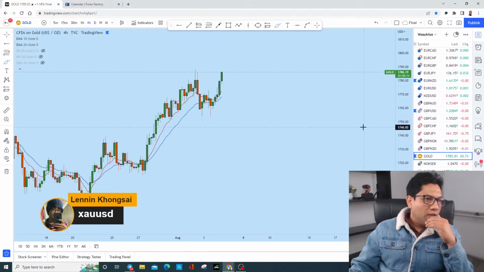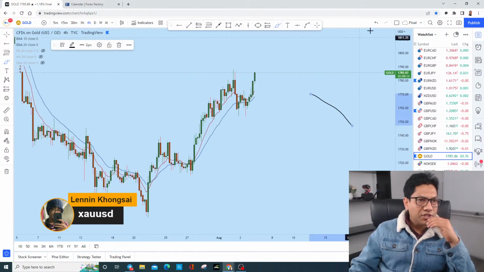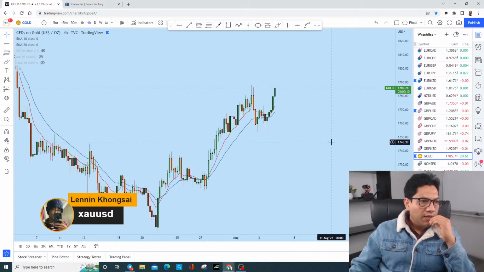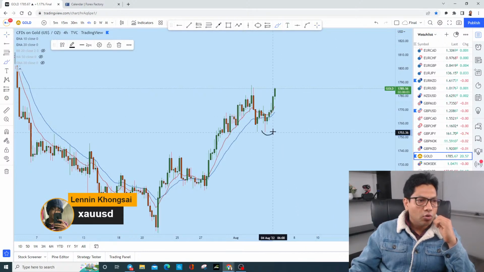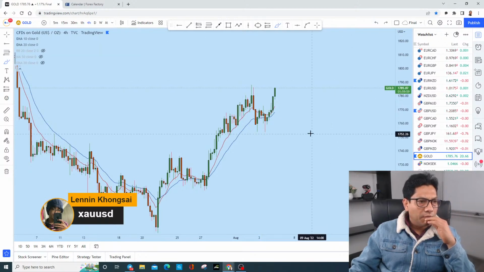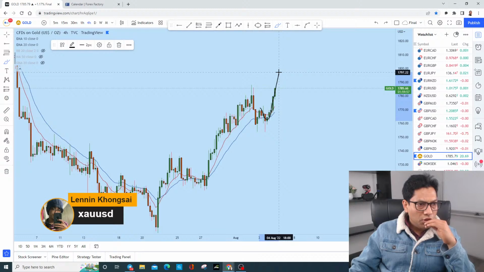The way gold has formed the price action, what we have seen is that there is a double bottom here, and from this double bottom, gold creates this bullish pattern and goes up.